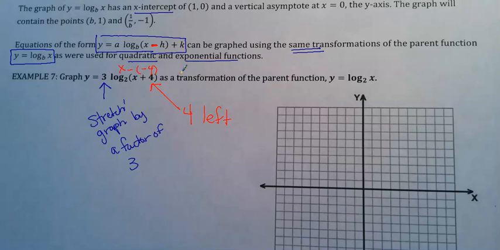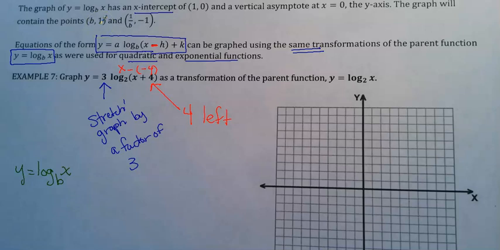Okay, so if we were to graph the parent function, I should have moved this up a little bit, but we'll make it. So if we graph that parent function, y equals log of x in base b, it told us we're going to have points at b, 1 and 1/b, -1.